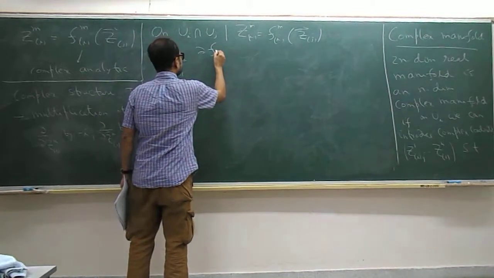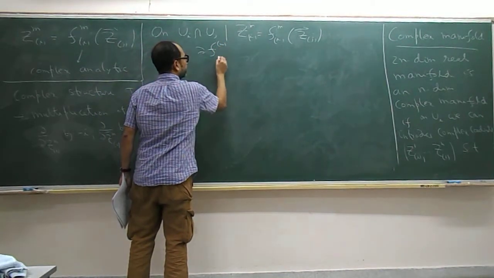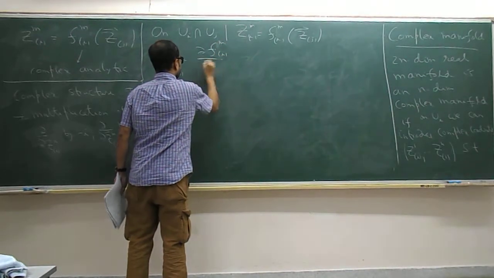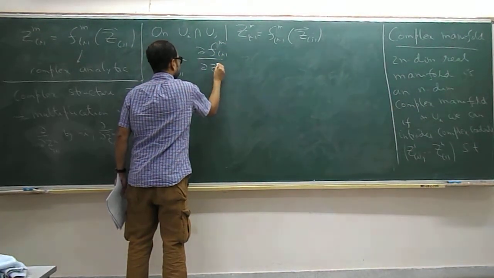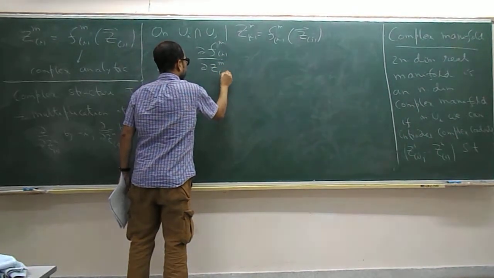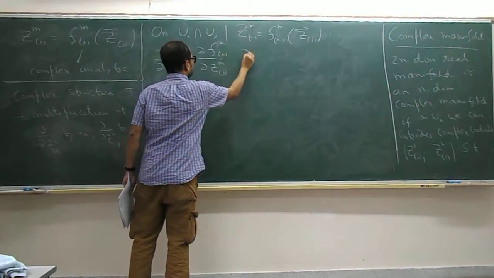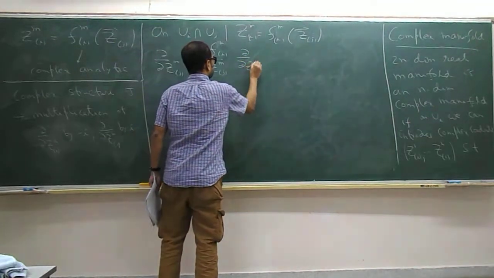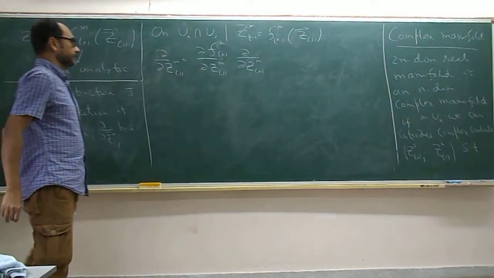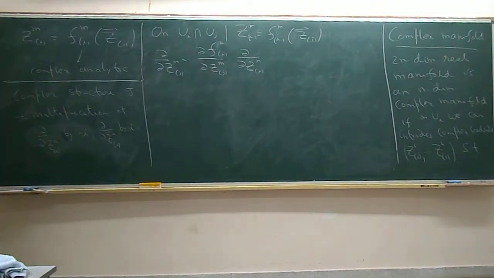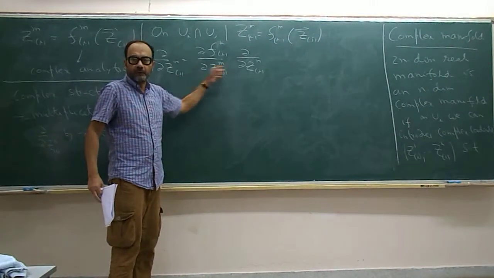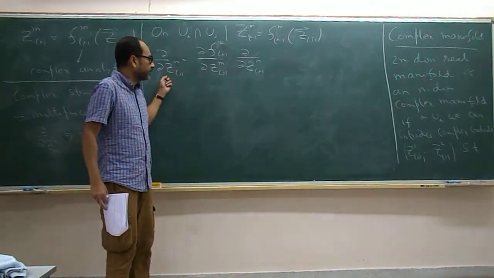So we can write this as ∂f_m^i/∂Z_n^j. On the overlap, you can transform the tangent vectors in this way.